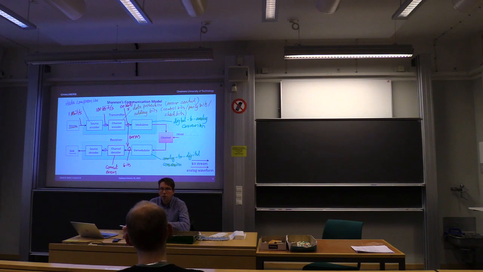Now, sometimes this error detection is not perfect, so there might still be errors. If they're few enough, then the source decoder will still produce a bit stream here which is good enough.